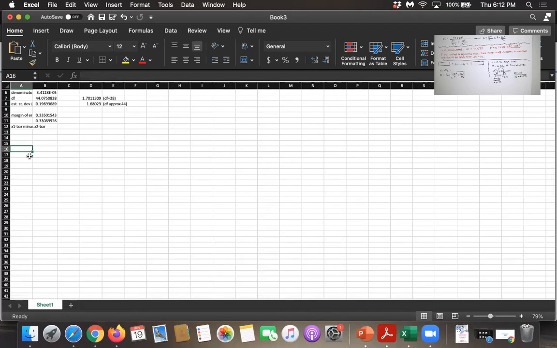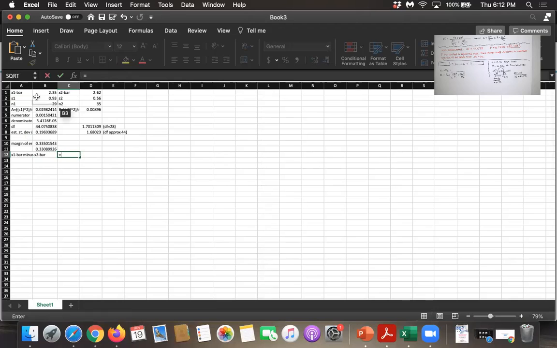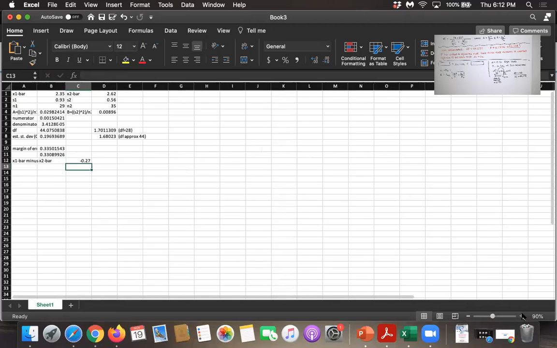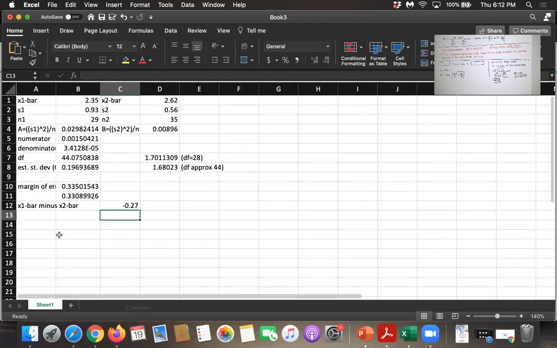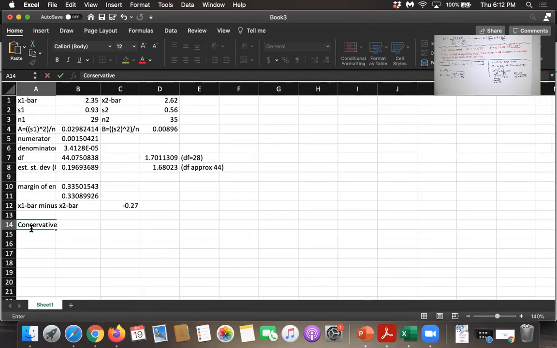So I'm zooming out now so that we can see all the values. So I've got x sub 1 bar minus x sub 2 bar, and that gives me that value. So using our conservative number of degrees of freedom, our upper limit and our lower limit for our confidence intervals are x sub 1 bar minus x sub 2 bar plus this error, and then we have x sub 1 bar minus x sub 2 bar minus this error.